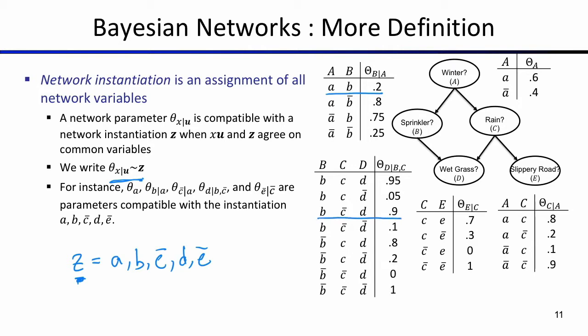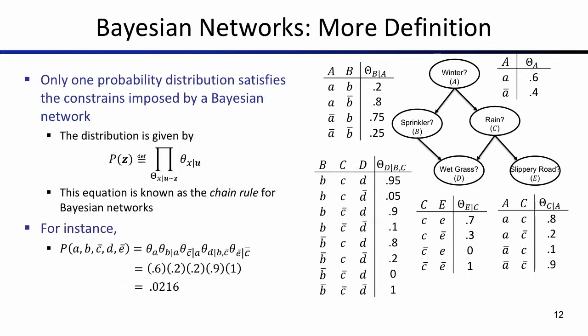For A on the top, A is true, so we have this parameter here. For C and E, we have not C and not E, so we have this parameter here. And for A and C, we have A and not C, so we have this parameter here. These are the parameters that are compatible with this instantiation.